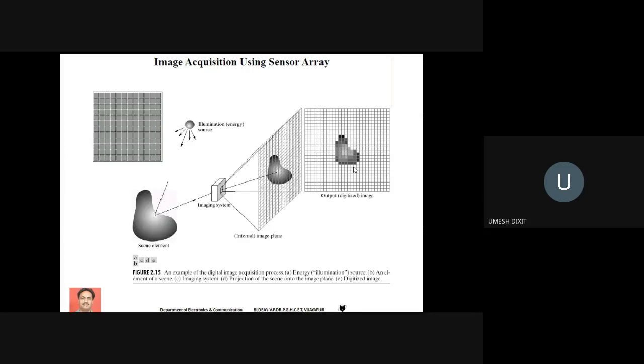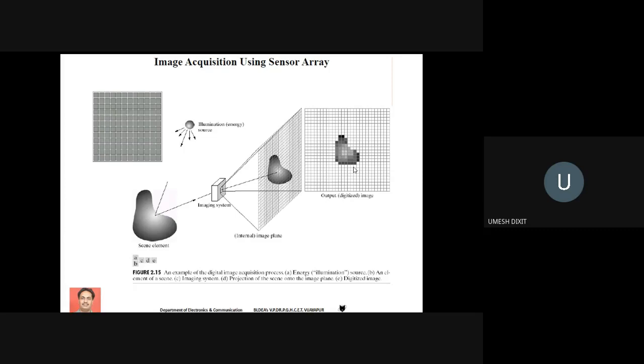Okay, so to have an image of any object, remember, we require an illumination source, that is, light energy. Along with that, we require an object. The object must be such that either it should radiate the energy or it should absorb the energy falling on it.